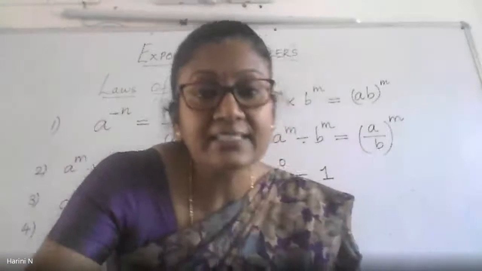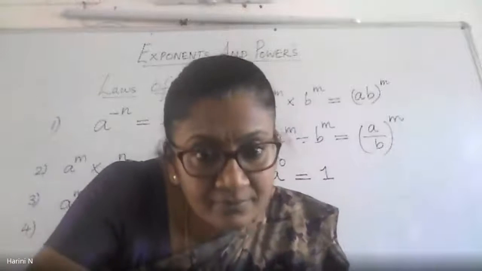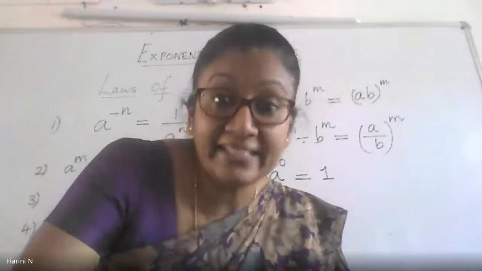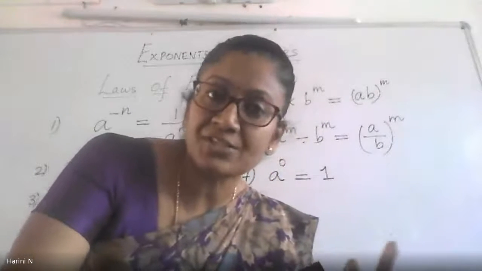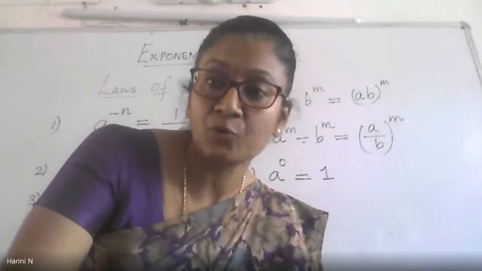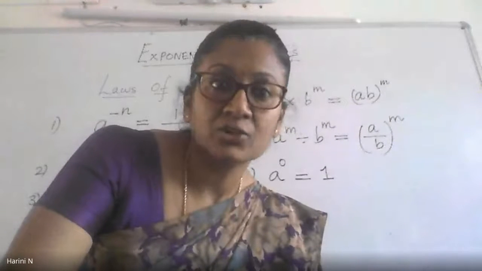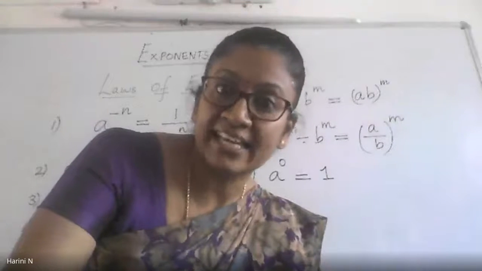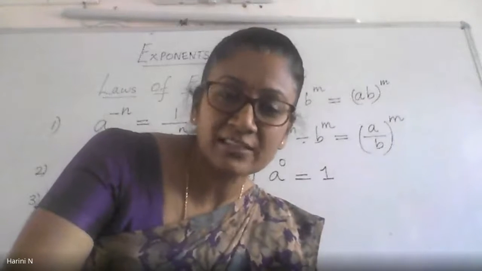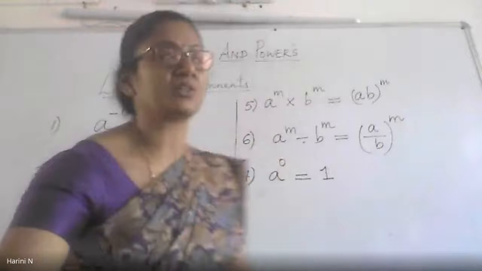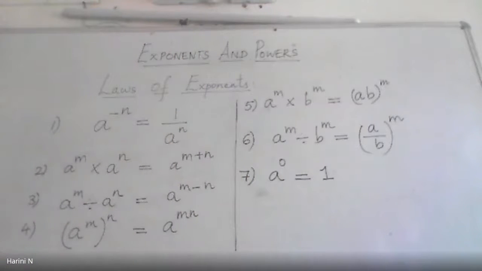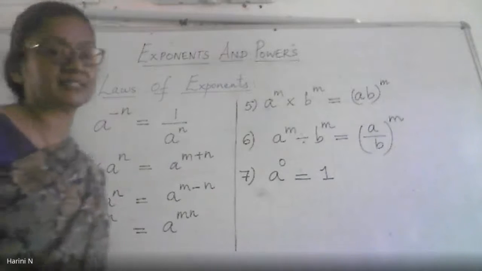Yeah, this is in section A, B and D. That means one question in 1 mark, one question in 2 mark and one question in the 4 marks. Right? So you can guess what would be in the 1 mark. Any guesses? One of these laws can be straight away asked in the 1 mark. You understand any of these 6 to 7 laws that you have can directly come as a 1 mark question.